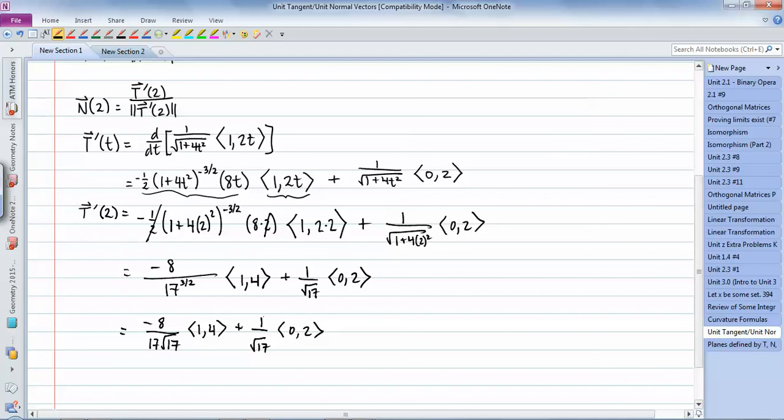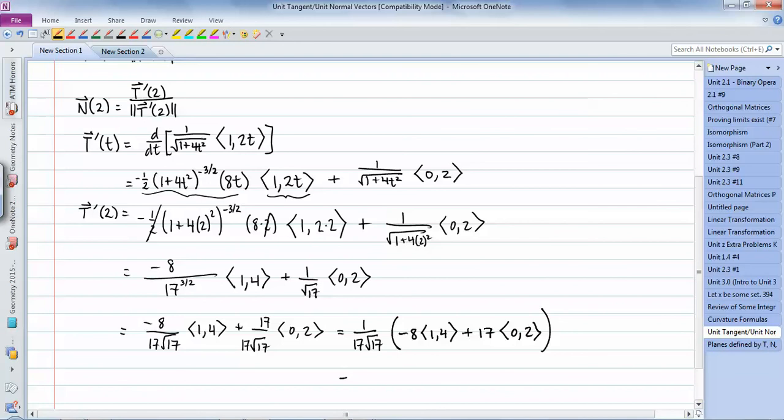We could multiply this by 17 over 17, so I get a common denominator. And then I'm going to factor out a 1 over 17 root 17 and be left with negative 8 times <1, 4> plus 17 times <0, 2>.